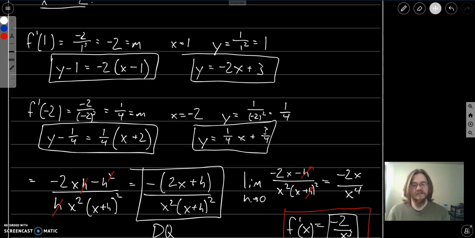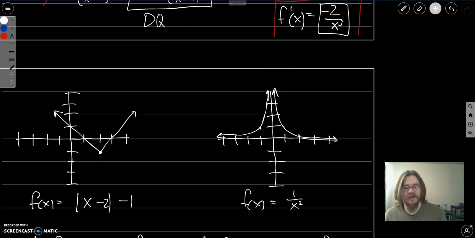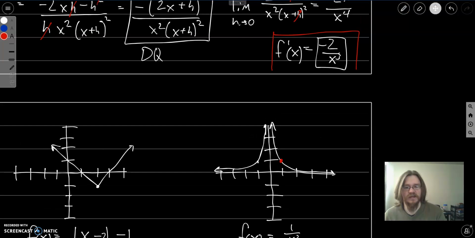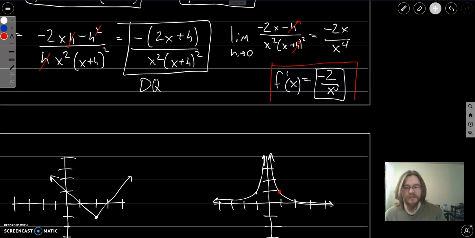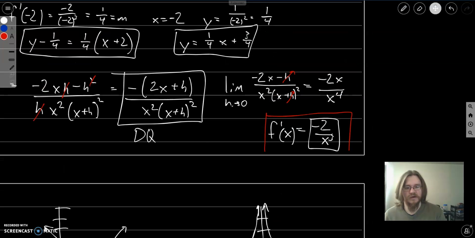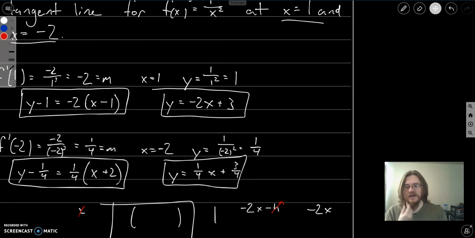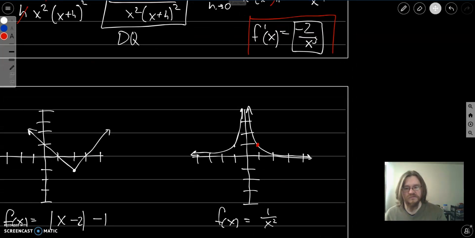So let's draw these and see if this makes sense. Down here, I have f of x is equal to 1 over x squared. At the point x is equal to 1, we said that our slope should be -2.